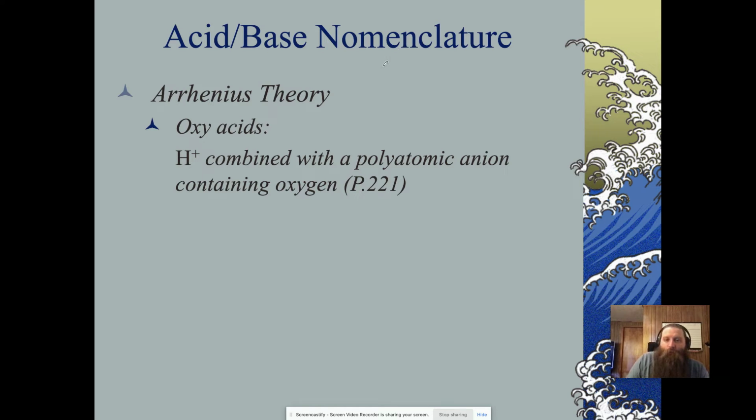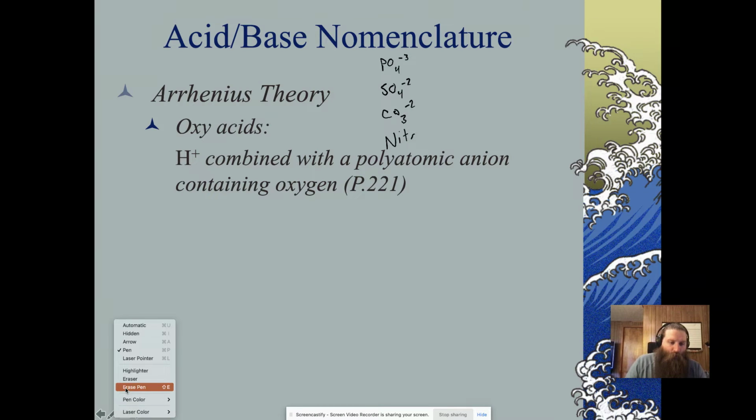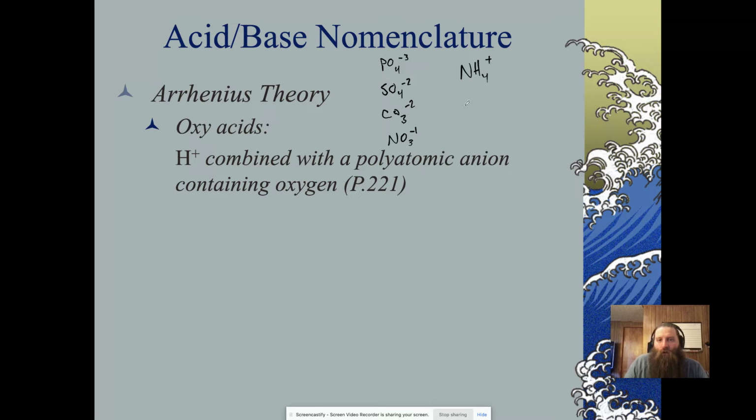So you should know phosphate, PO4 3-, sulfate, which is SO4 2-, carbonate, CO3 2-, nitrate, which is NO3 -1, ammonium, which is NH4 +1, and hydroxide, which is OH -1.